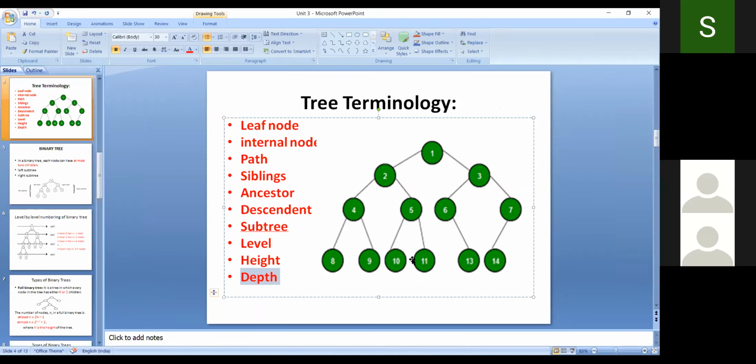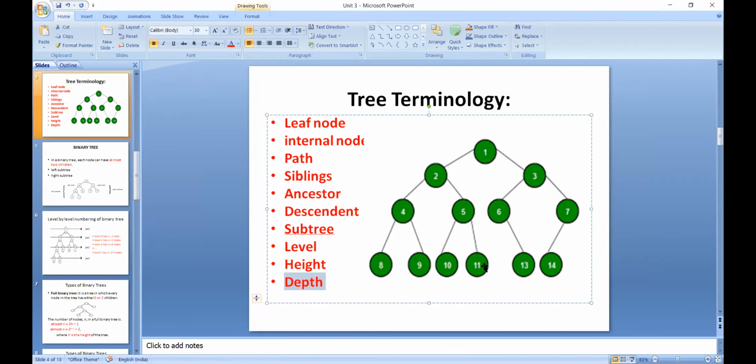What I told, how far I am from the ground level. Again I will calculate the edges 1, 2, 3. For the node 11, the depth is 3. Why? Because how far I am from the ground level, from the root node: 1 edge, 2 edges, 3 edges. This is the depth.